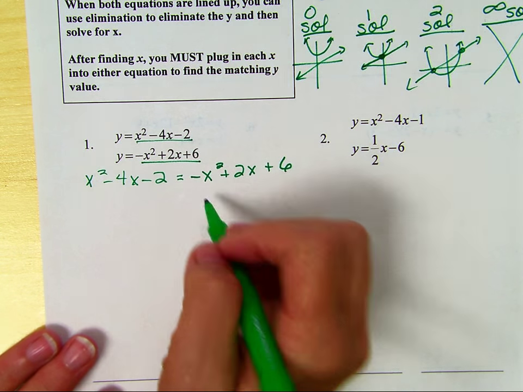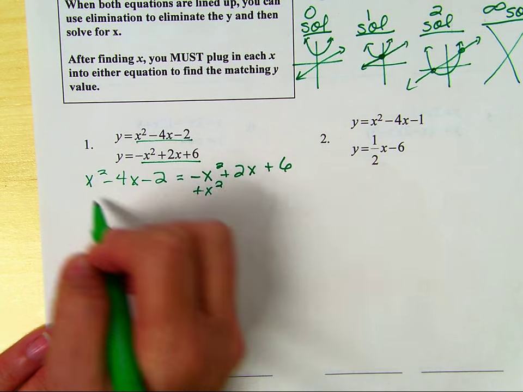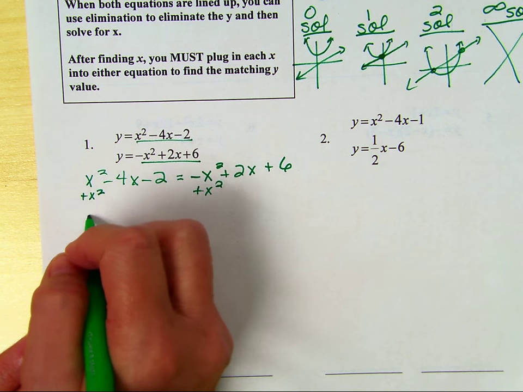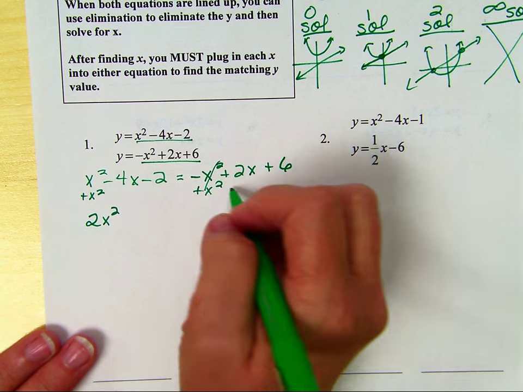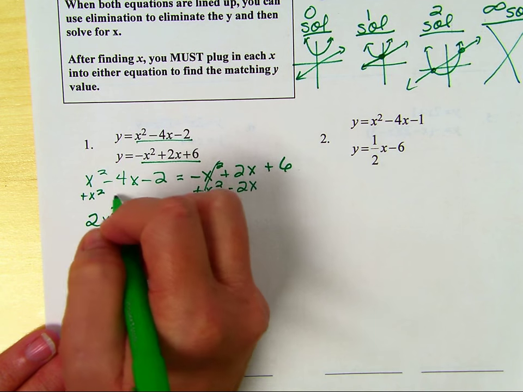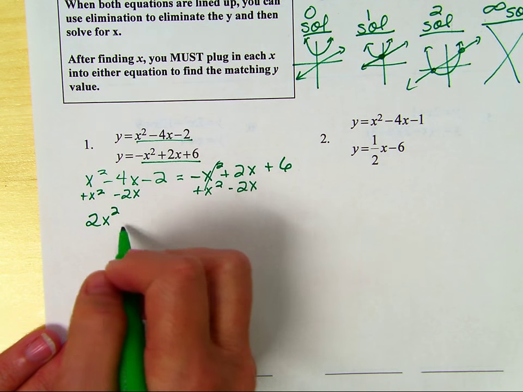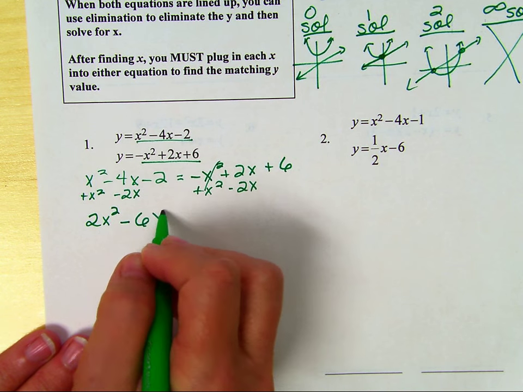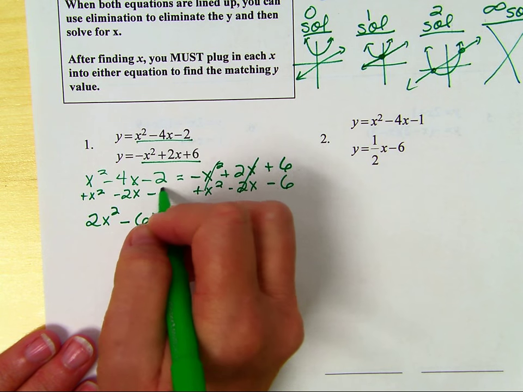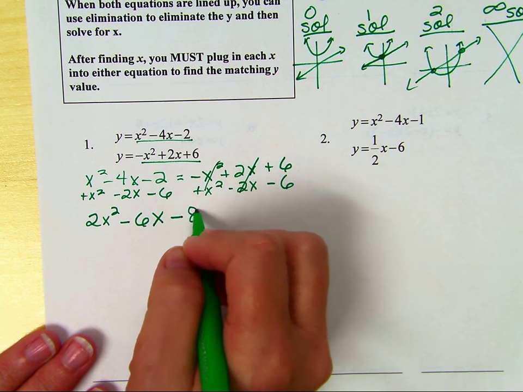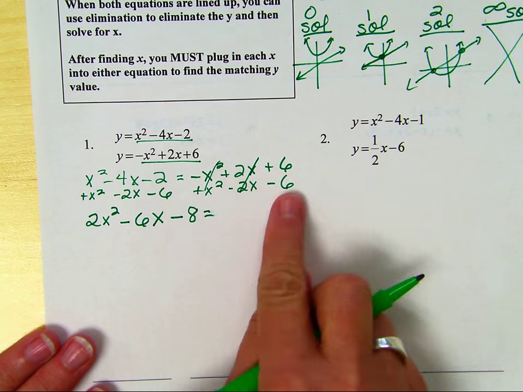So I'm going to add x squared to both sides, in which case I'm going to get 2x squared. I'm going to subtract 2x from both sides, in which case I get minus 6x. And I'm going to subtract 6 from both sides, in which case I have minus 8 equals 0 on the right.